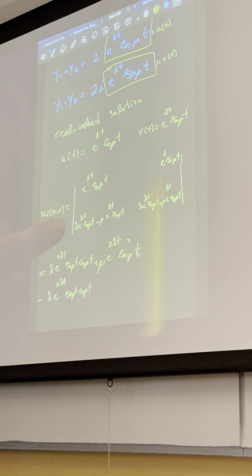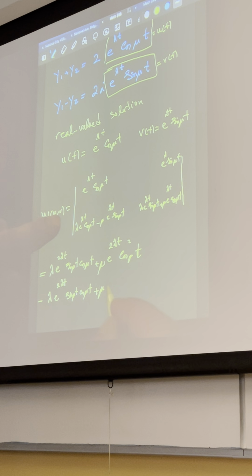Okay, now it's good. So minus this is good, so this will become plus, because minus minus, mu e to the power of 2 lambda t, so everything's good, there was no mistake. So then sine square of mu t.